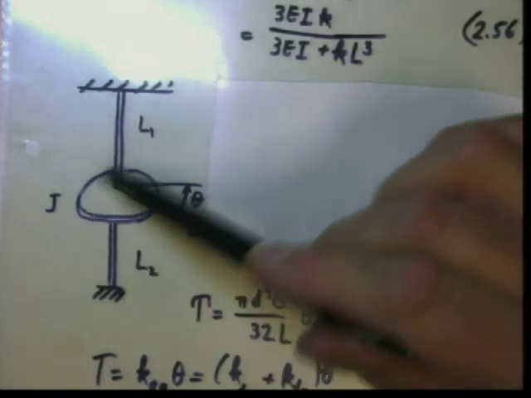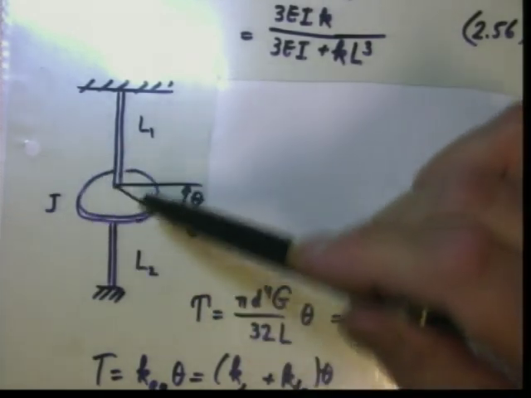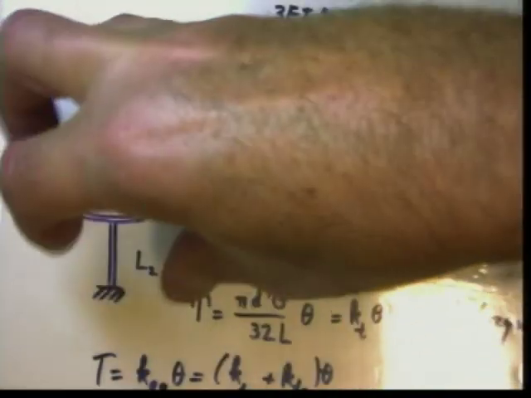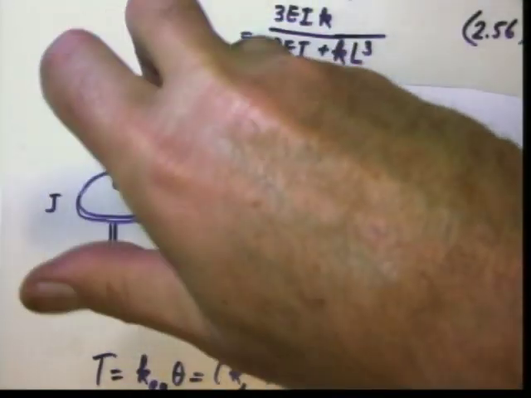So this is a disk, and this whole system vibrates torsionally like this. On the top is L1, on the bottom is L2.